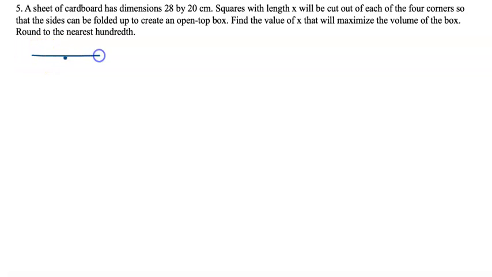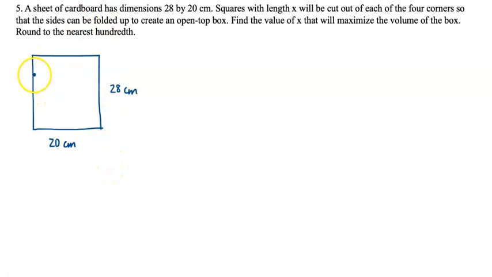Let's do a rough sketch of this. Okay, this side looks a little longer, so I'll call this 28 centimeters, and I'll call this width 20 centimeters. We are told that squares with length x will be cut out of each of the four corners so that our sides can be folded up to create an open top box.